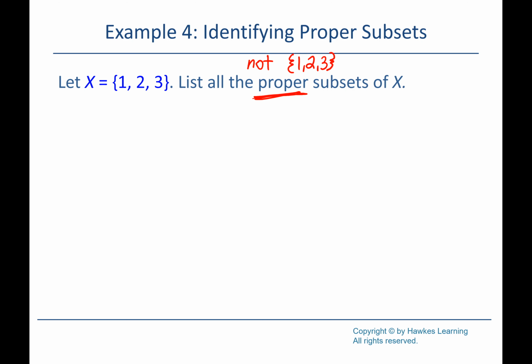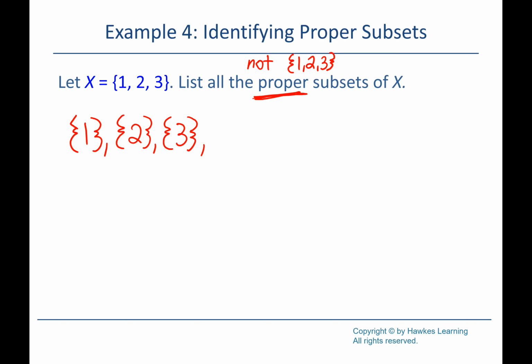Somebody give me a subset, you would say, of 1, 2, 3. So we just need some other combination of 1, 2, and 3 that's not 1, 2, 3. 1, yeah, 1 would be good. And then we could have one that just had 2 in it. We'd have one that just had 3 in it. Those would all be proper subsets. What else? You see any other ones?